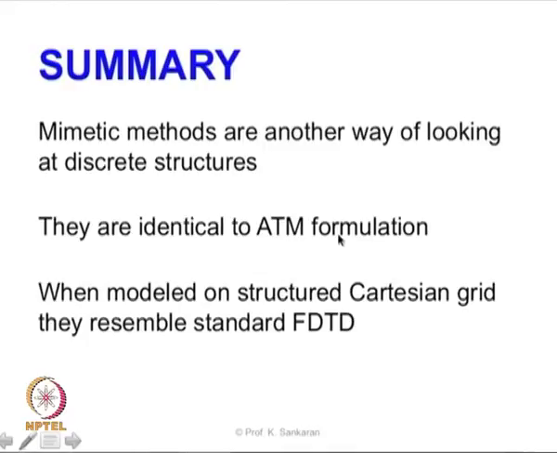What I want you to know is that mimetic methods are very similar to the formulation of algebraic topology, and they are another way of looking at discrete structures. What I mean by discrete structures is the discrete formulation of Maxwell's equations, and when we model them on a structured Cartesian grid, they resemble the standard finite difference method. Those are the three important points that you should know.